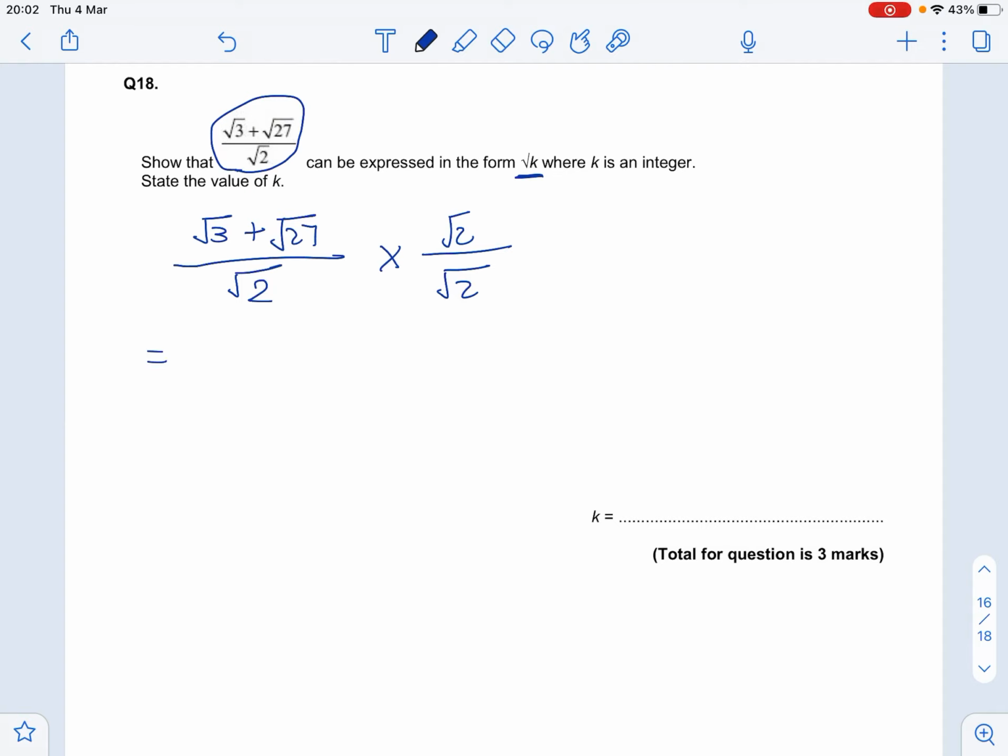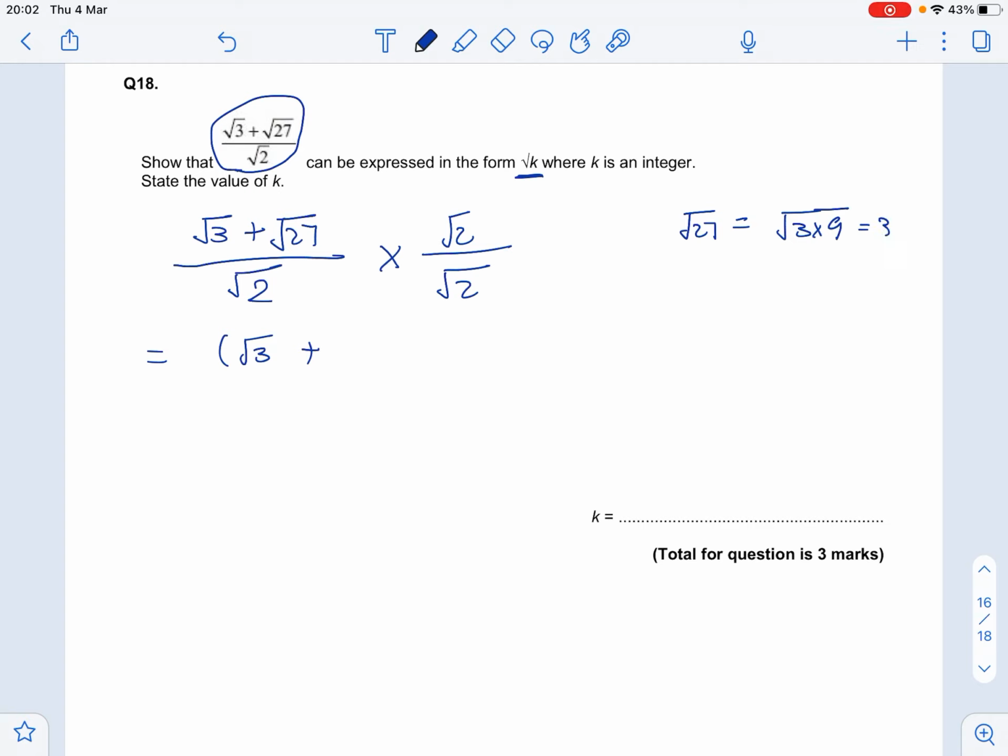So let's expand it out. On the top we would have root 3 plus, with root 27, we can simplify root 27 as root 9 times root 3.